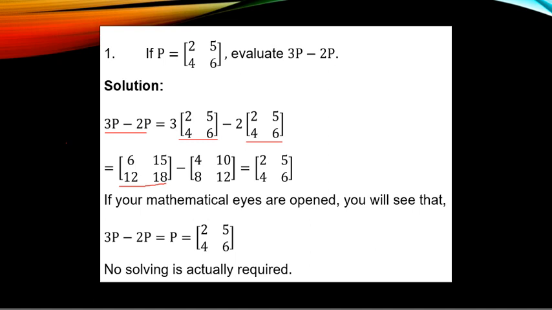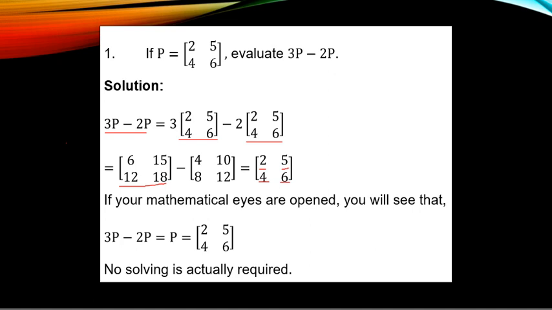Then you subtract. You know, when subtracting, the order must be the same, and that is true. So you have 6 minus 4, you have 2. 15 minus 10 is 5. 12 minus 8 is 4. 18 minus 12 is 6.